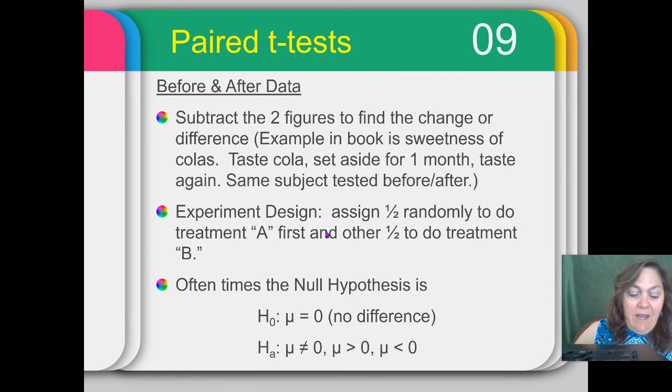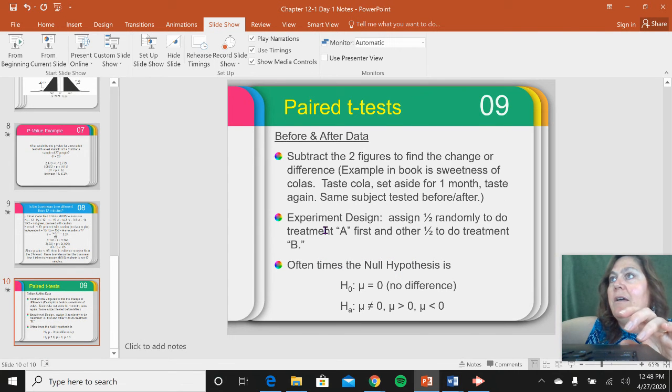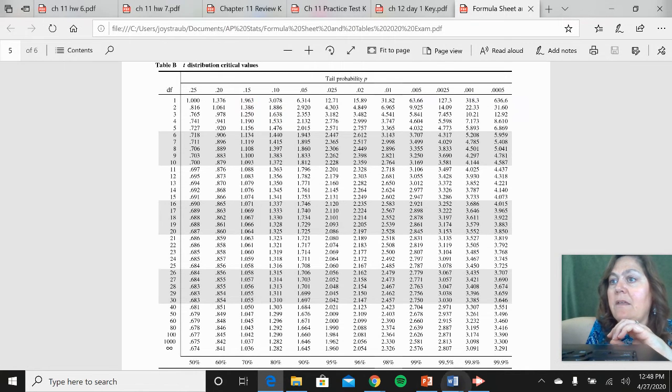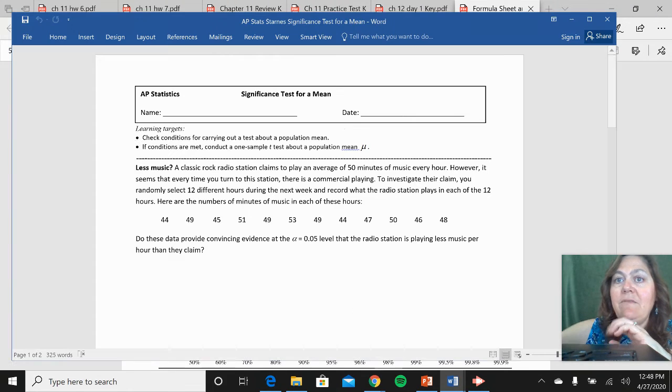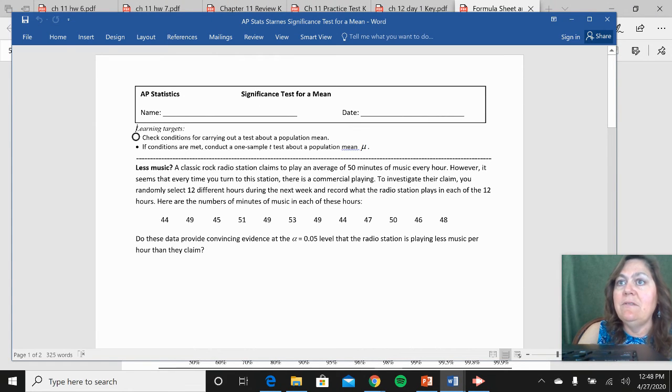Okay. All right. Now, what I want you to do is pull out that worksheet that came along with this lesson. If you need to pause me and go print it for yourself or pull it up, do so. Okay. If you're back from getting it, here is the problem.